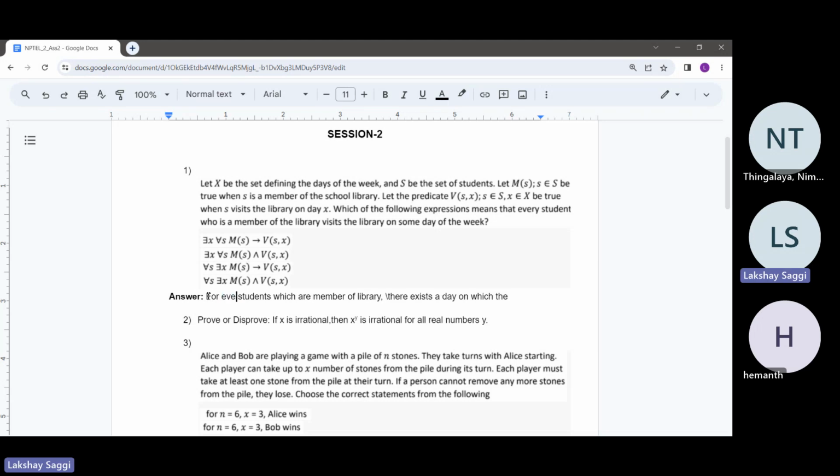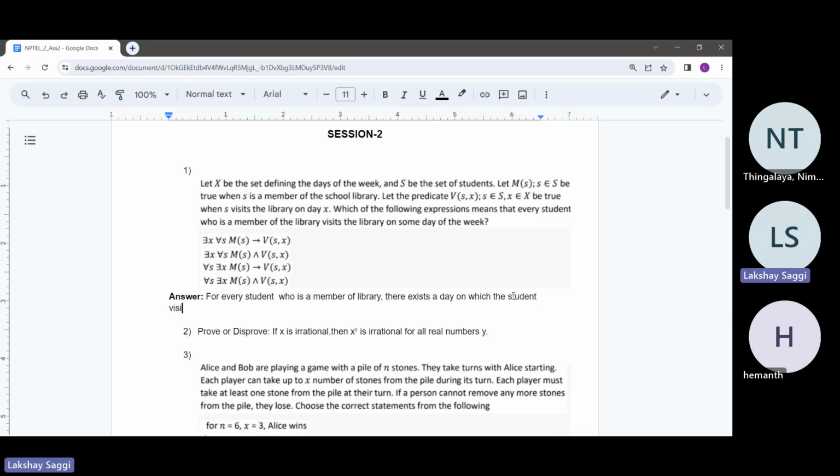For every student who is a member of the library, there exists a day on which the student visits the library.